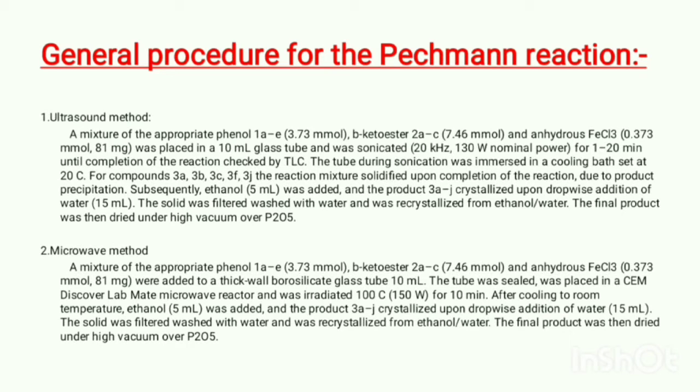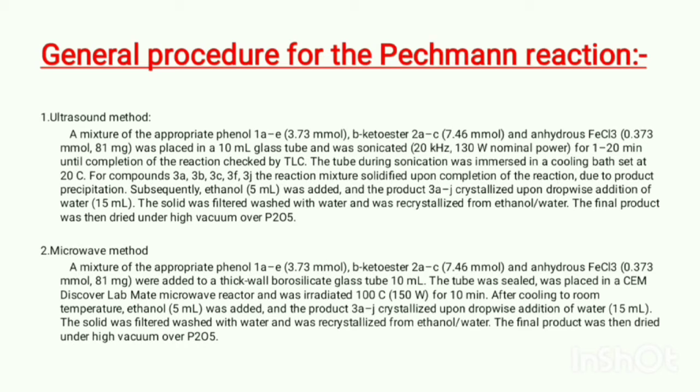Second method is the microwave method. A mixture of appropriate phenol, beta-ketoester and anhydrous FeCl3 was added to a thick-walled borosilicate glass tube of 10 ml. The tube was sealed, placed in a CEM Discover lab-made microwave reactor and irradiated at 100 degrees Celsius for 10 minutes.